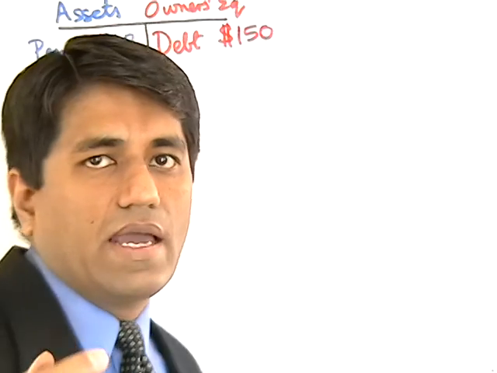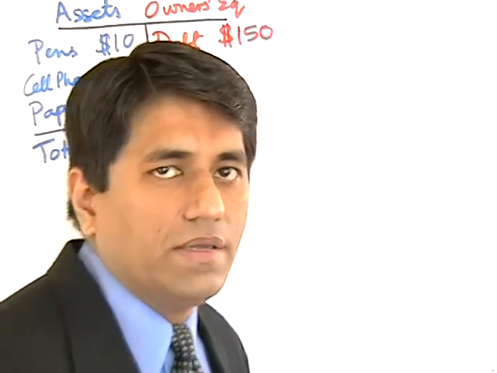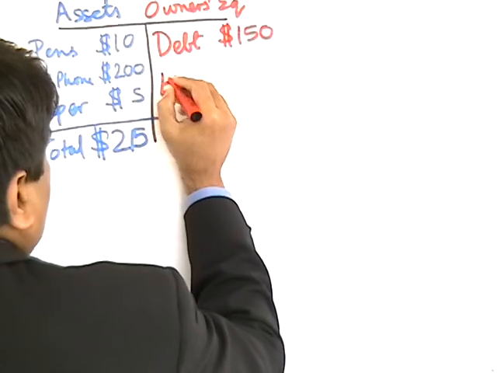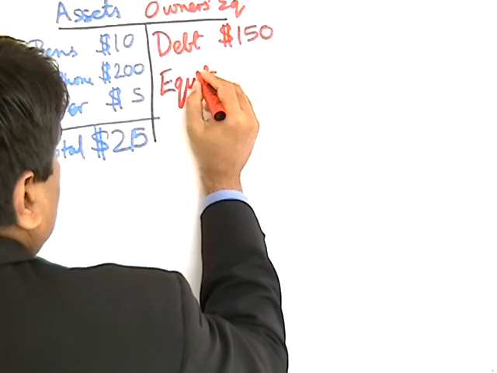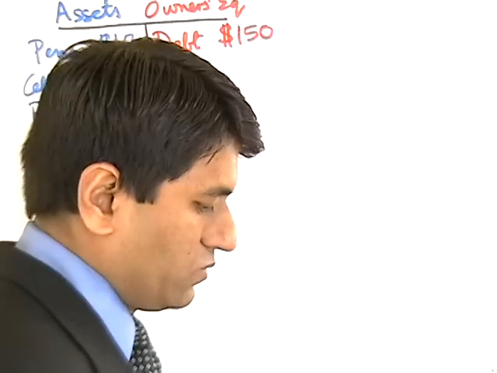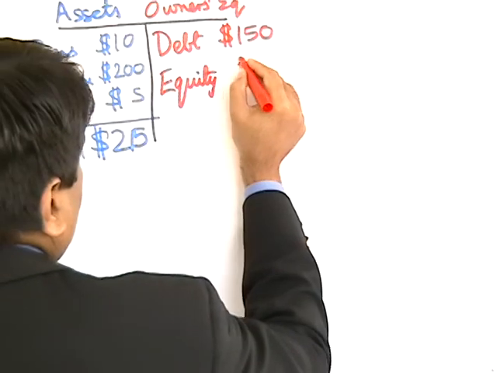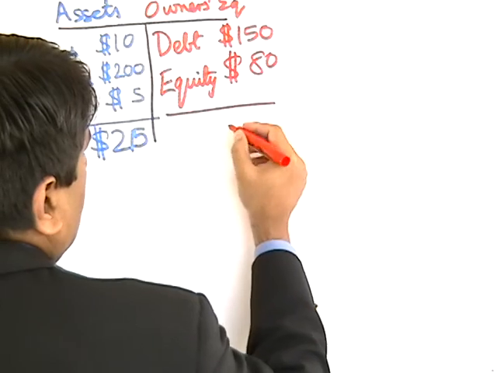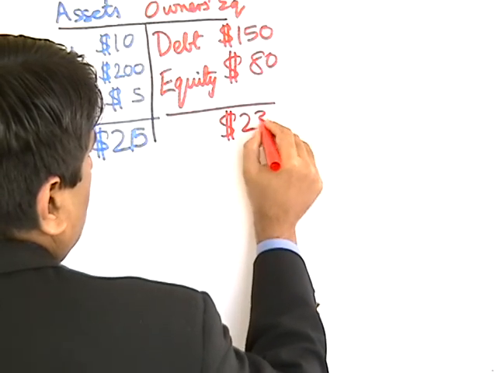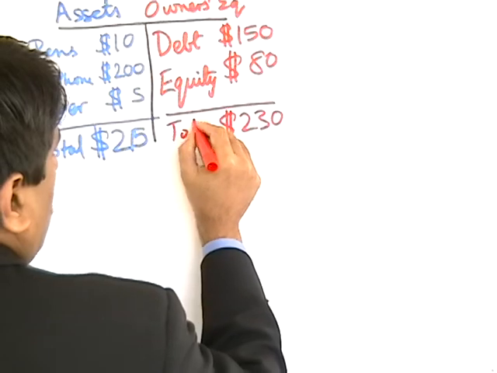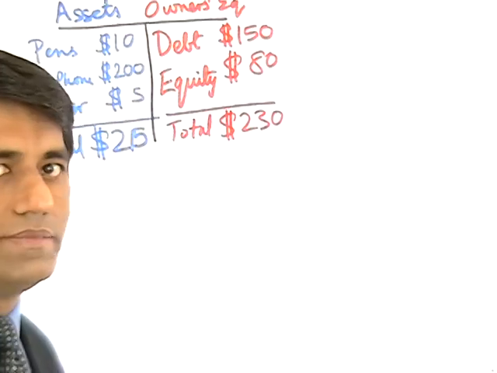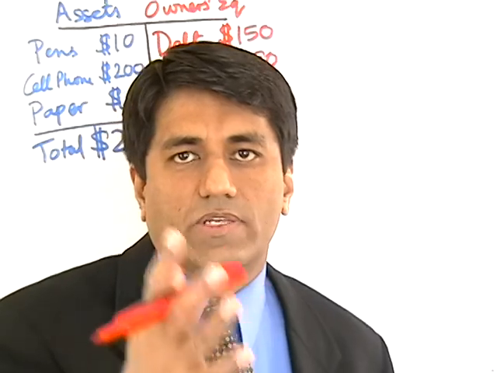So the accountant is saying that what you own is worth 150 and what I own, which is equity, say the accountant says is worth $80. And the accountant adds it up and says that the total of liabilities and owner's equity is worth 230. Now, this is a balance sheet which is not balanced.